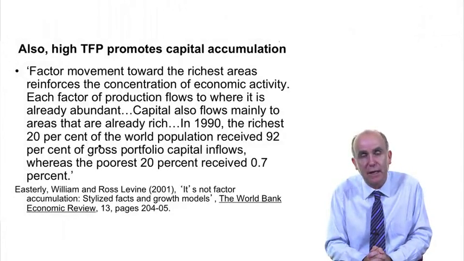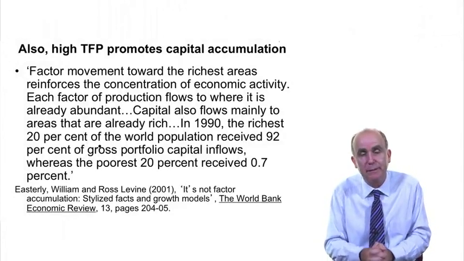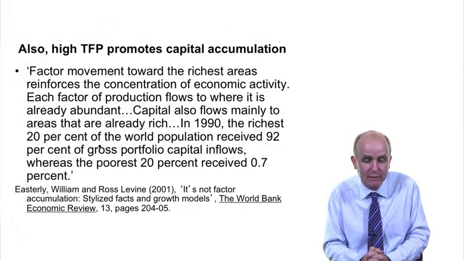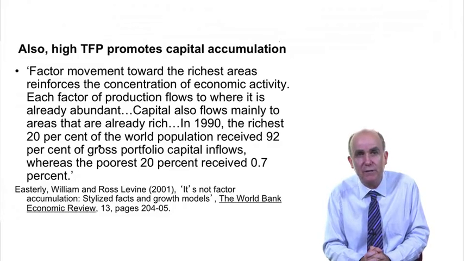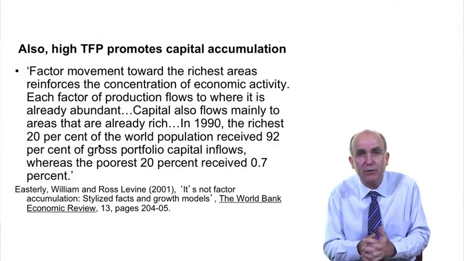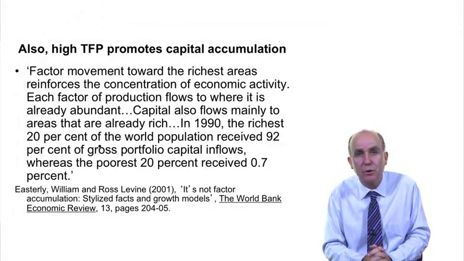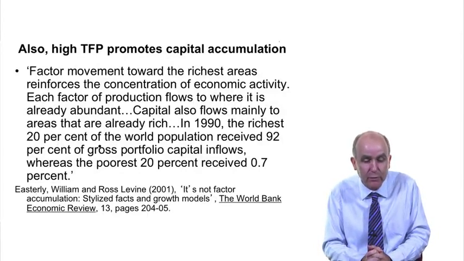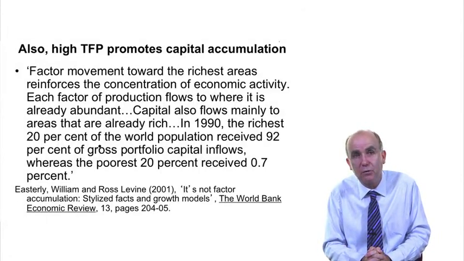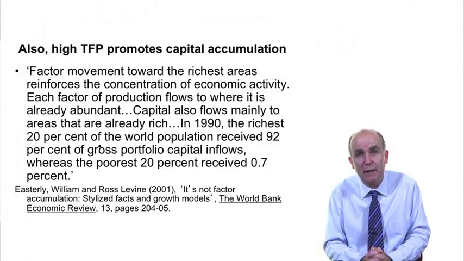And this quote that I've taken from William Easterly and Ross Levine is making that point. It says, factor movement towards the richest countries reinforces the concentration of economic activity. Each factor of production flows to where it's already abundant. So, for example, we know that capital flows mainly to rich countries. In 1990, the richest 20% of the world received 92% of gross portfolio capital flows, whereas the poorest 20% received just 0.7%.